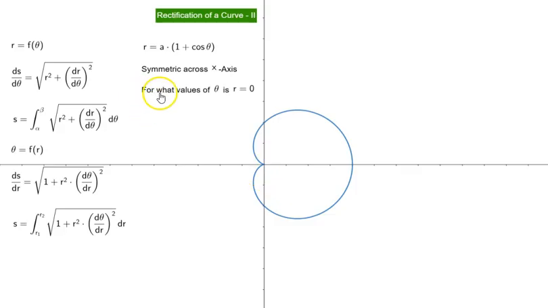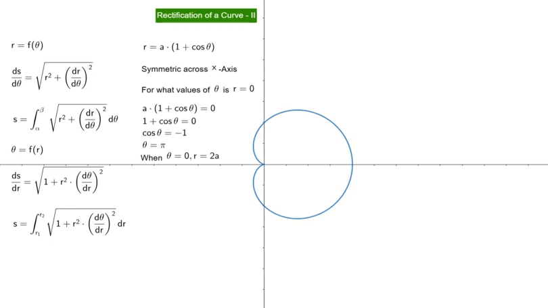Now we have to figure out for what values of theta is r equal to 0. So a times (1 plus cos theta) is equal to 0. Solving this, we get 1 plus cos theta equal to 0, cos theta equal to minus 1, which means theta is equal to pi. And when theta is equal to 0, r is equal to 2a.